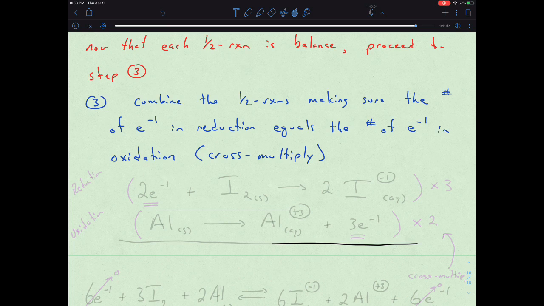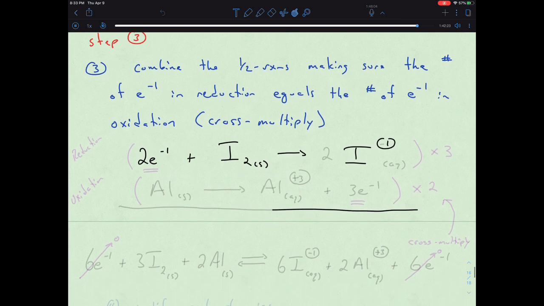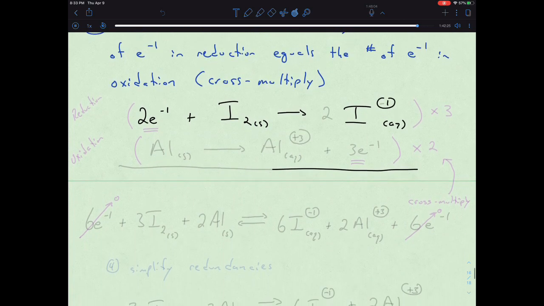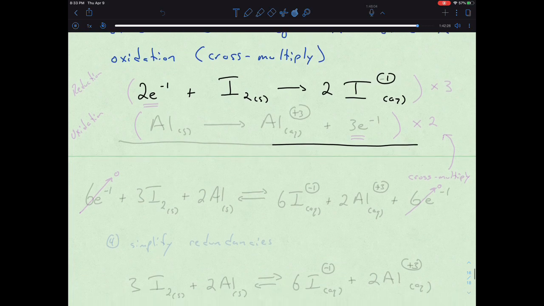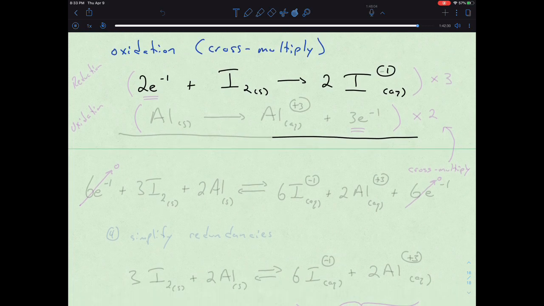So let's write our reactions down again. So we have our reduction, which is looking at the 2 electrons plus the iodine produces iodide that is aqueous. So there is our reduction.